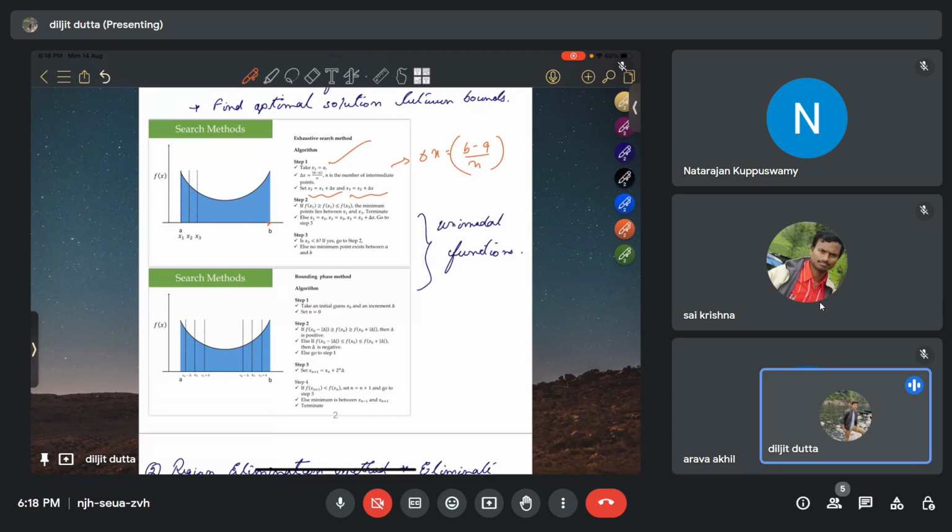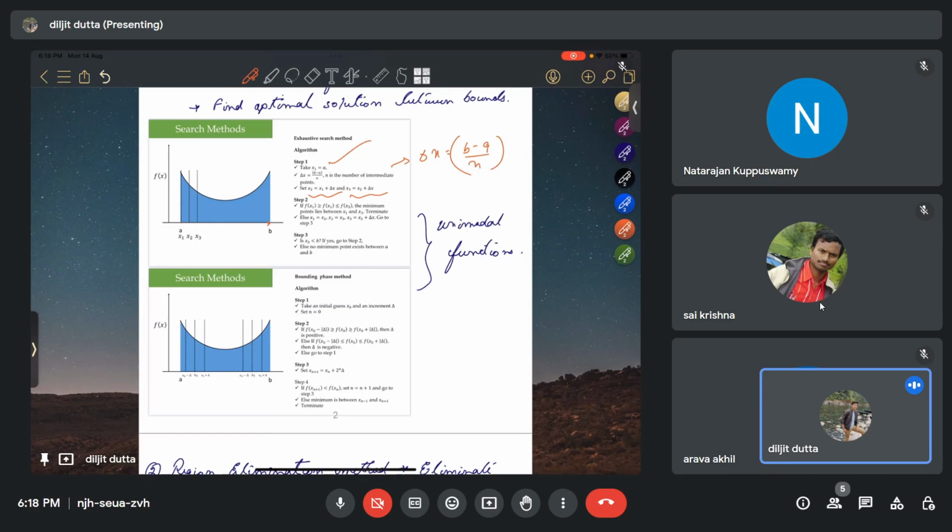If f of x1 is greater than f of x2 and f of x2 is less than f of x3, the minimum point lies between x1 and x3. If f of x1 is greater than f of x2 and f of x2 is greater than f of x3, then the minimum point will be somewhere beyond x2 and x3.